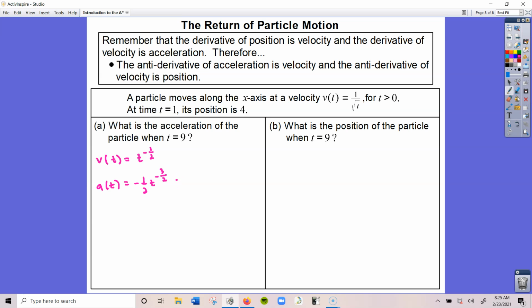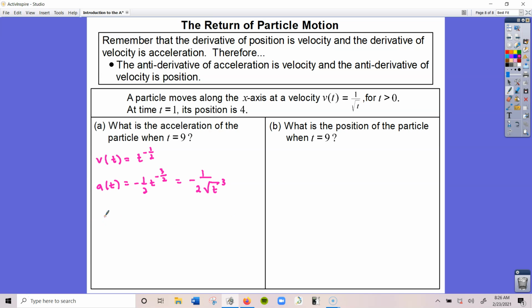Now this I'm going to rewrite as negative 1 over 2, and then I'm putting the t in the denominator because it's a negative exponent. The 2 in the bottom means it's the square root of t, and the exponent 3 in the numerator is the power.